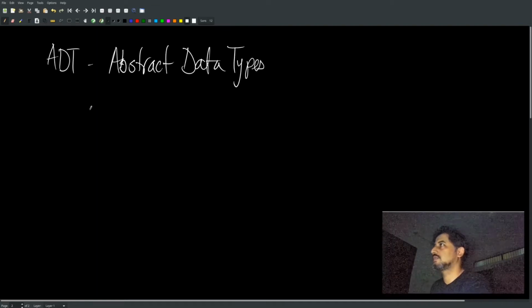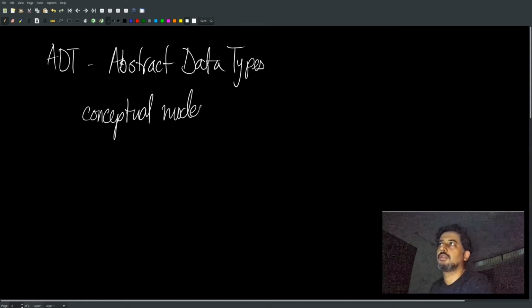They're just conceptual models or mathematical models, so they don't really exist. Like mathematicians, they don't exist, right? These conceptual models just tell you what the data type is about and what the operations you can perform on them are. So two things make up any ADT.